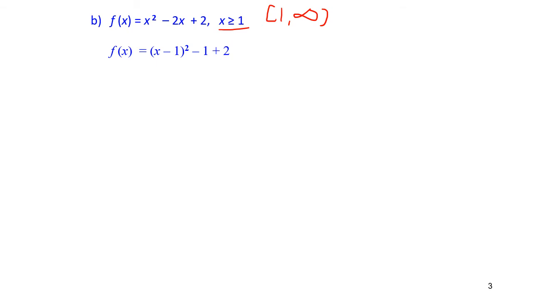Remember previously we simplified negative 1 plus 2, and it became positive 1. So we will use this standard form to find the inverse.